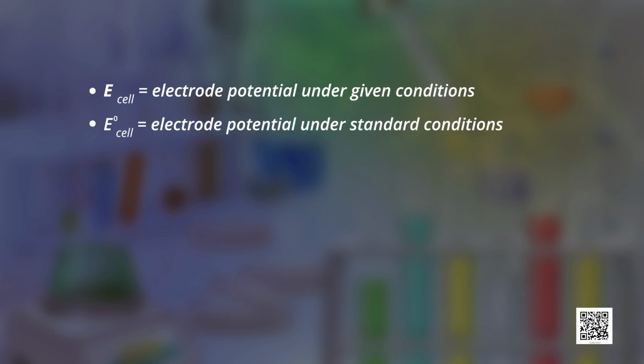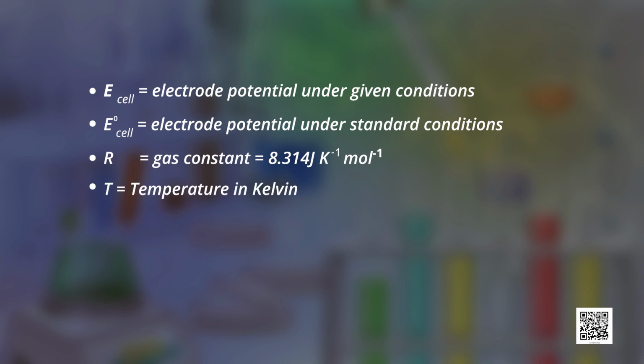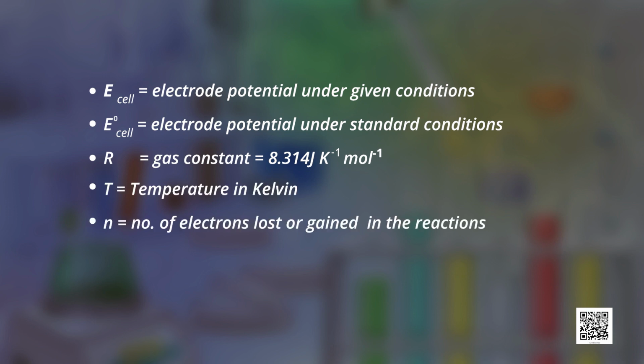E naught cell is equal to electrode potential under standard conditions, R is gas constant which is taken as 8.314 joule per Kelvin per mole. Temperature is T which is measured in Kelvin. N is number of electron lost or gained in the reaction. F is the Faraday constant which is taken as 96500 coulomb per mole.